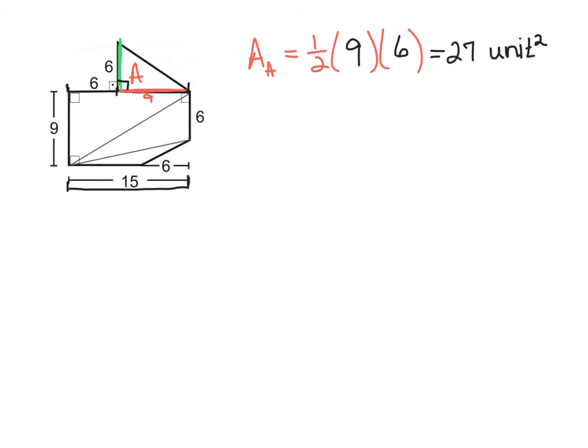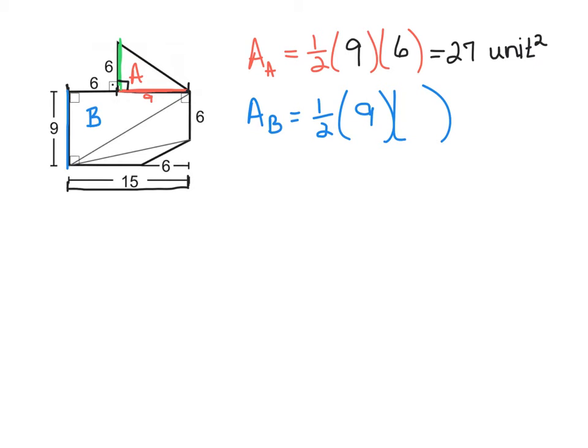All right, let's do our next triangle. We'll call that triangle B, and we'll find the area of triangle B using the formula 1/2 base times height. My base of this triangle is this side, and it is 9.